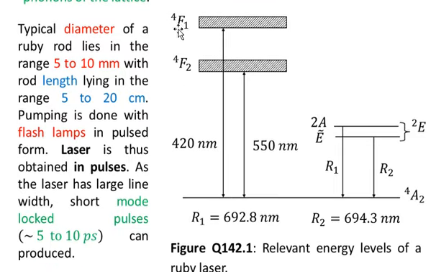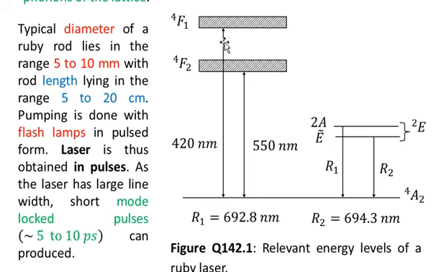We have 4F1 band, we have a 4F2 band, and the pumping is done from the ground state using 420 nanometer and 550 nanometer wavelengths. These are the pumping wavelengths which are used to pump the ruby from its ground state, which is the 4A2 level, to the upper states, which are 4F1 and 4F2.